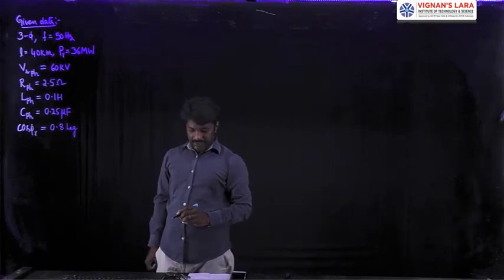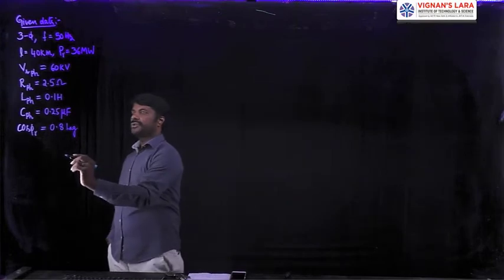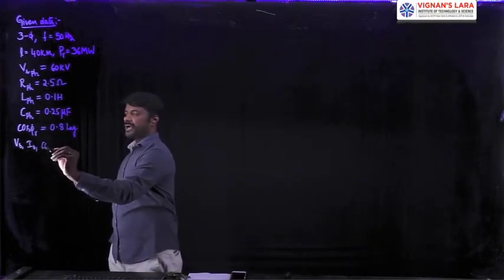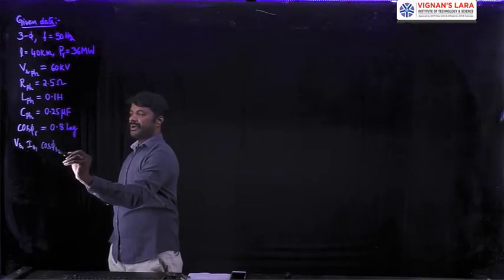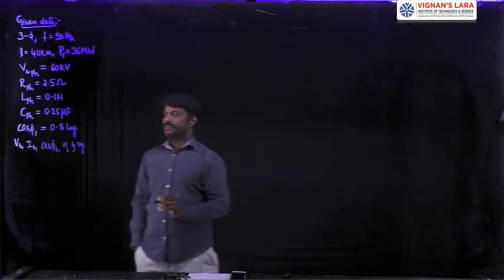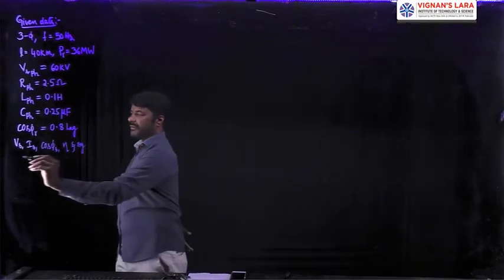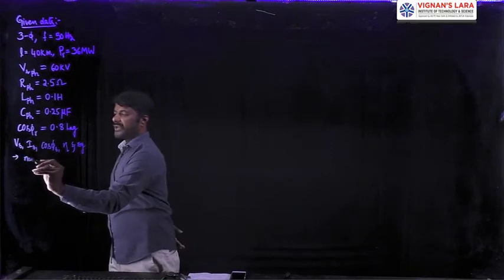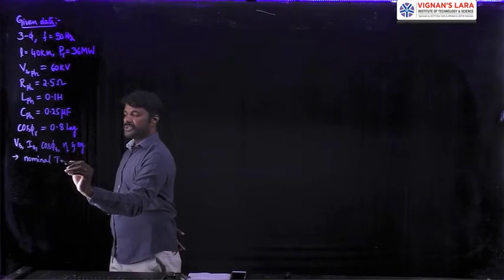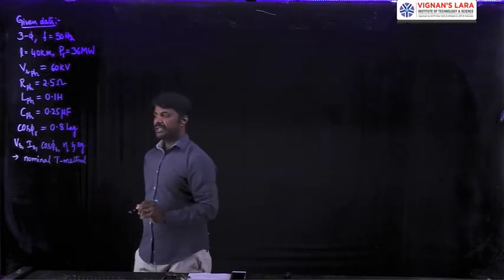So with this cos phi r 0.8 lagging, they are asking us to find out Vs, Is, cos phi s, efficiency and regulation. These values are to be calculated, and also they have given in the problem that using nominal T method, we have to approach this in finding out efficiency and regulation.